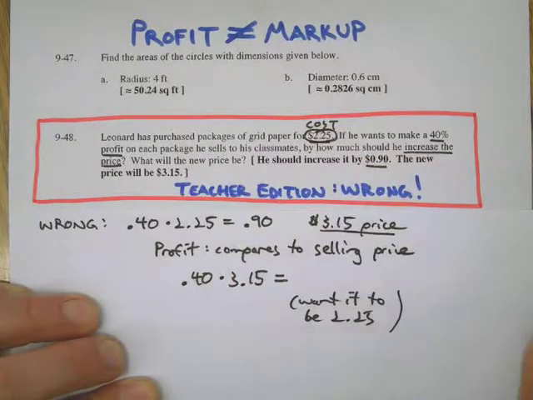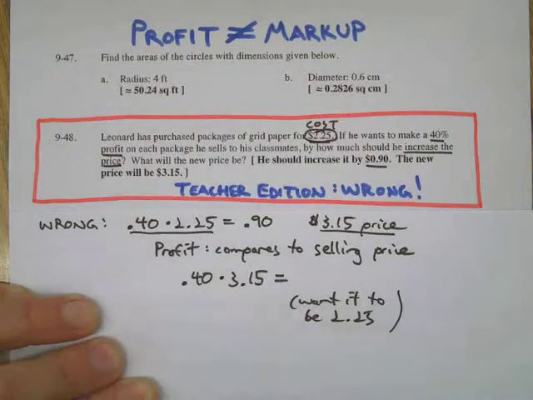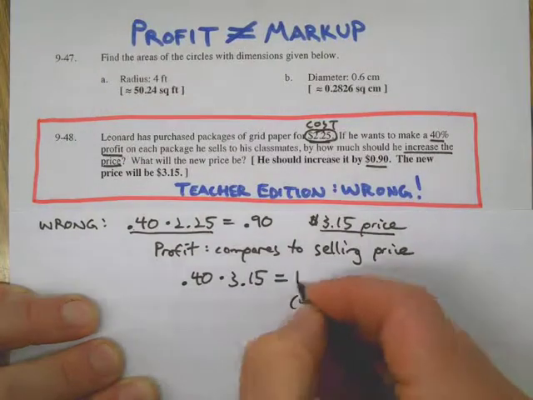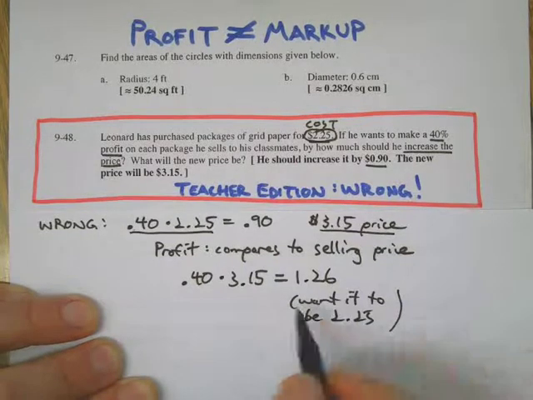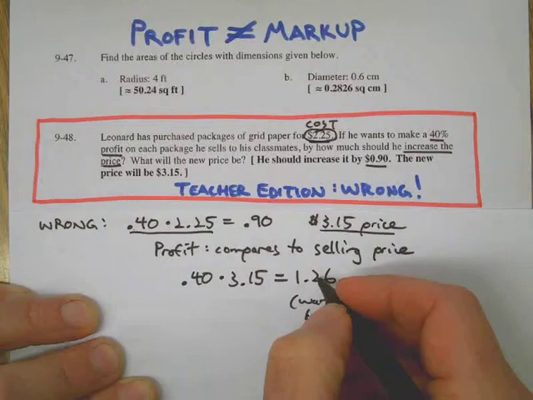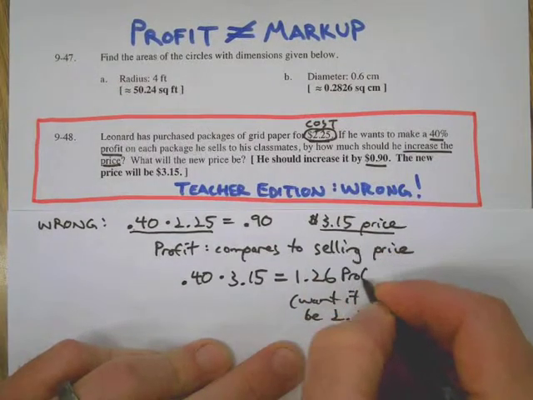Okay, let's check that out. Well, obviously it's not, right? Because up there we already know that. But let's go through the motions. Times $3.15. Okay, this tells me that that's my profit.